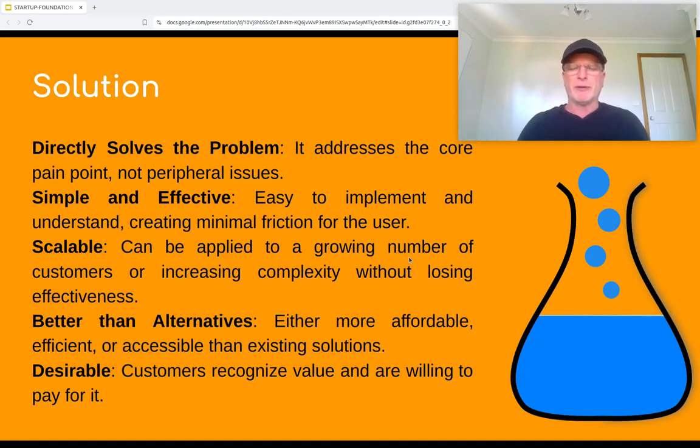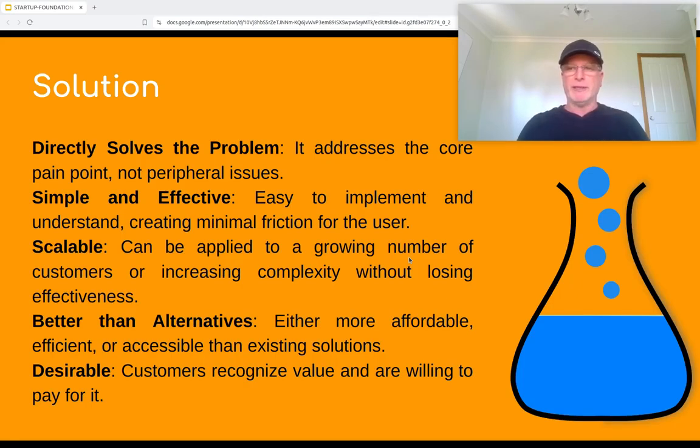not something complex. Okay? It needs to be scalable, so you can sell it not for one user, not as a service, but as a product that can grow to a lot of customers. And while you scale, you don't want to lose efficiency. Okay? The solution needs to be also better than alternatives.